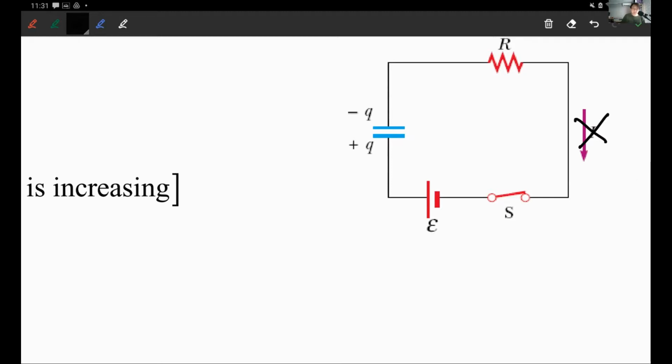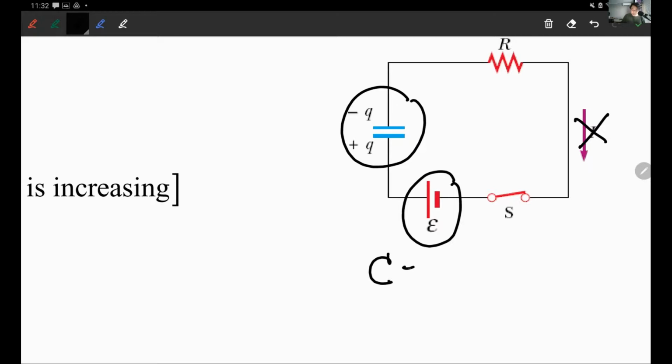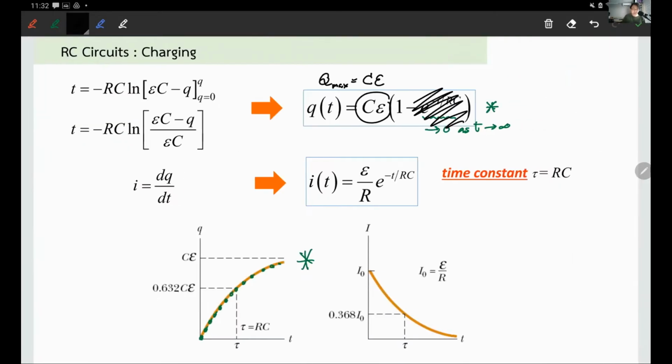So when there's no current flow, whatever potential difference you put through goes just across the capacitor. So when you know the potential across the capacitor, you can see the capacitance is just the ratio between the charge over the potential across. That's guaranteed that the Q max you're going to get is just CE, or EC.